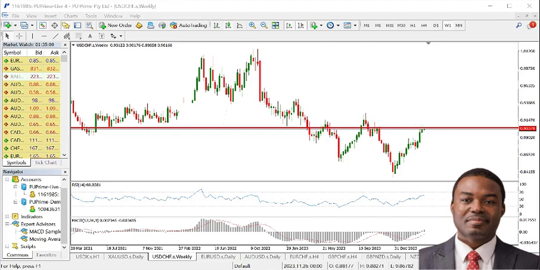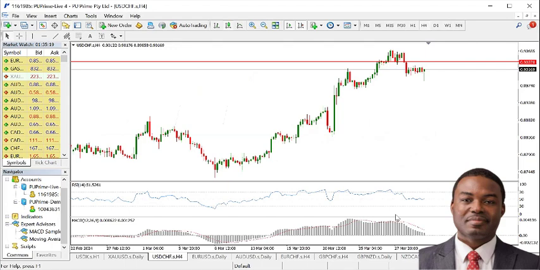And if we flip down to the 4-hour time frame, we will see the formation of a pattern that may end up looking a lot like a head and shoulders. Price may still go back up there, then we have a breakout. So I'm bearish biased on USD CHF for this week.